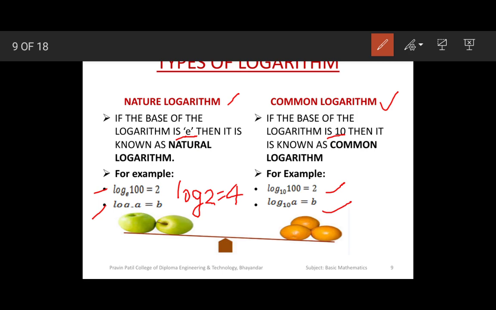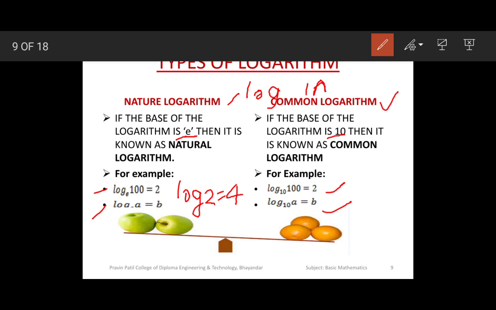Now class, as you know, you can use the scientific calculator even in your exam. So when you are using your scientific calculator, there are two keys for logarithm. One key is written as log, and next to the log key there is written ln.